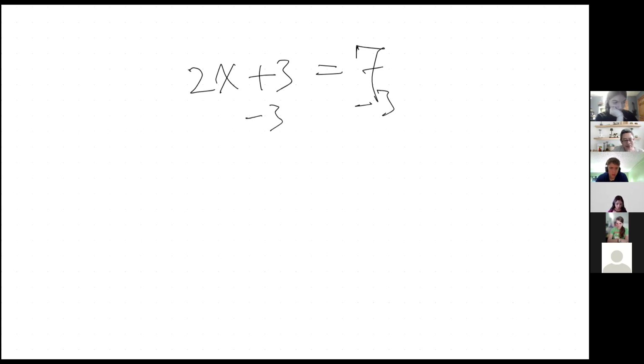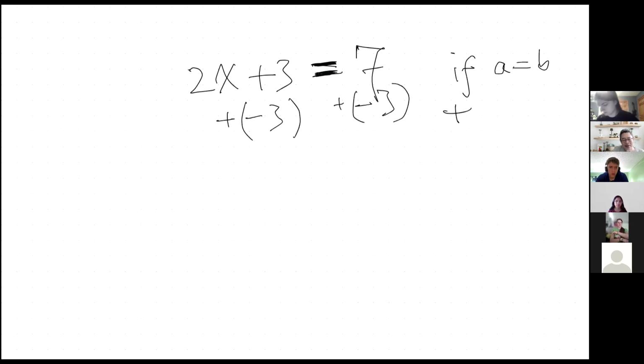So when we're doing this equation, we minus 3 on both sides. Why can we do that? What's our property? The addition property, exactly, because minus 3 is the same as adding -3. So if A is equal to B, then A plus C is equal to B plus C.